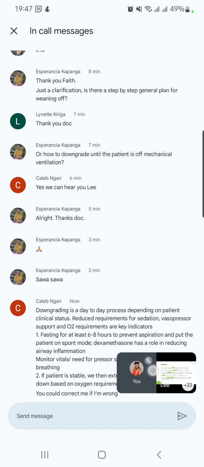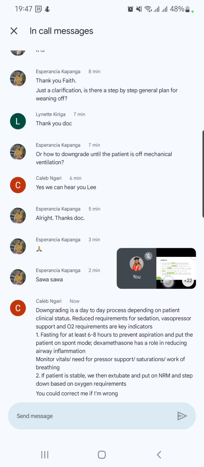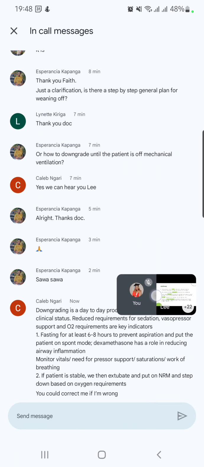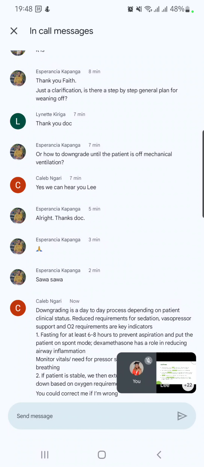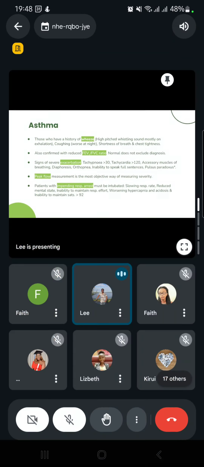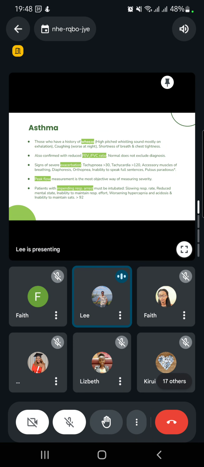So your tachypnea, tachycardias of 30 and 120 respectively. The use of accessory muscles of breathing. These in particular, just to run through them, are your sternocleidomastoid, your pectoralis minor, your scalene muscles, your external intercostals, and your rectus abdominis. Sometimes diaphoresis as well, orthopnea, and inability to speak in full sentences or phrases. And then your pulsus paradoxus.